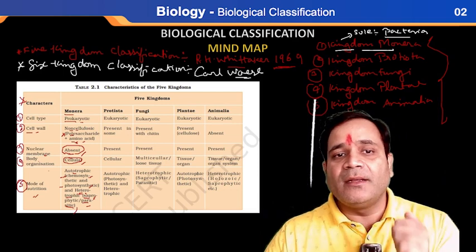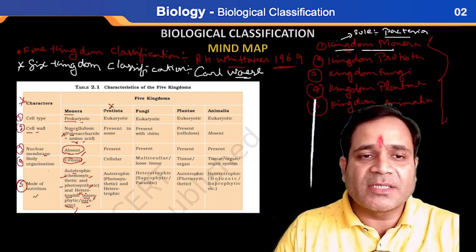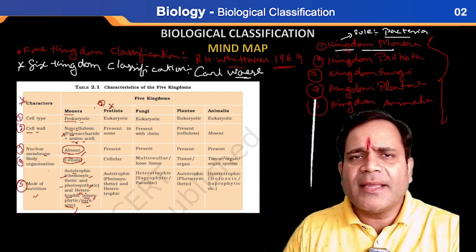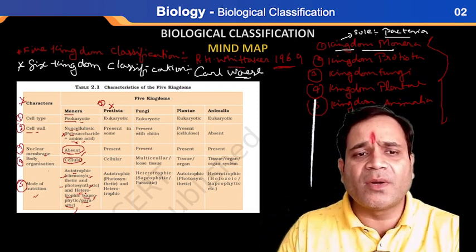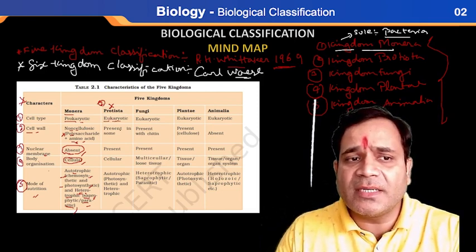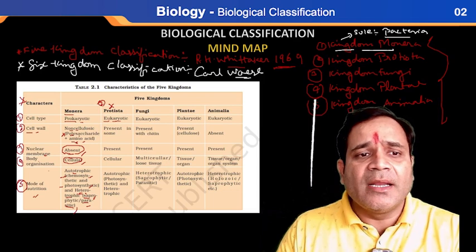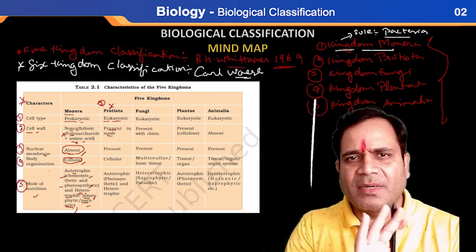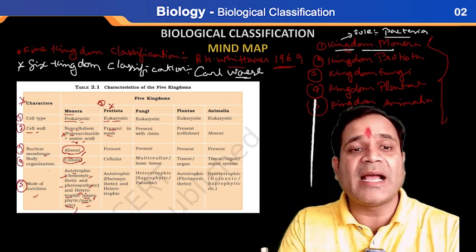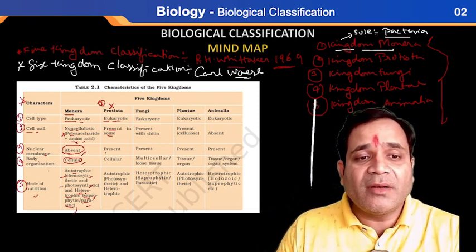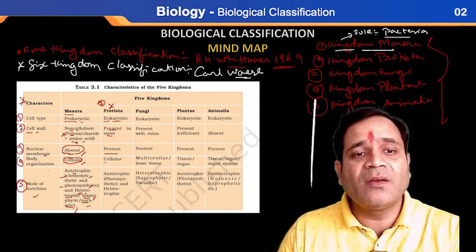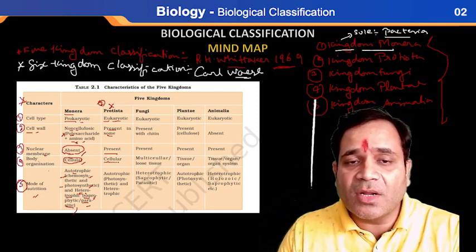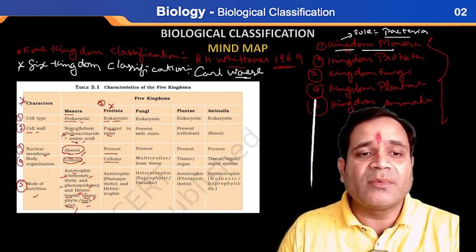Correct? Now, let's see about the Protista. This one is the second. In Protista, the cell type is eukaryotic, my dear. Cell wall is present in some, but mostly the cell wall is absent. Now, what about the nuclear membrane? Nuclear membrane is present here. What about the body organization? Cellular organization is here. And what about the mode of nutrition?